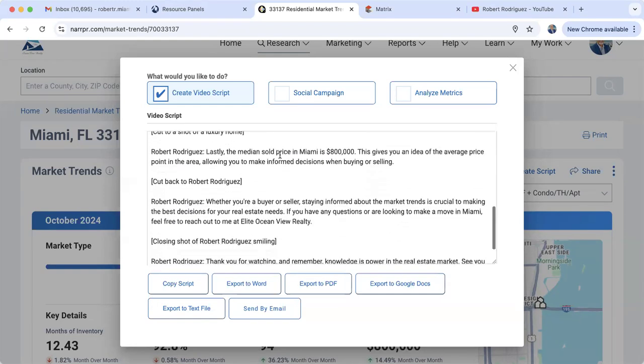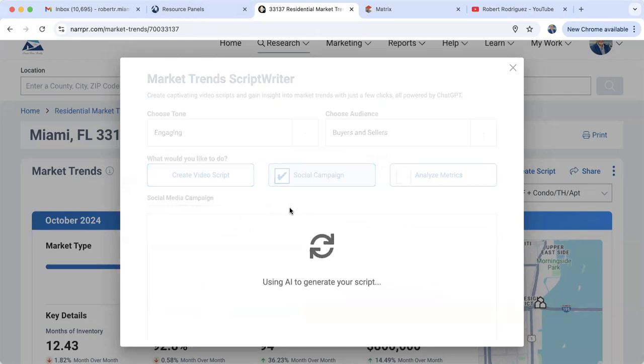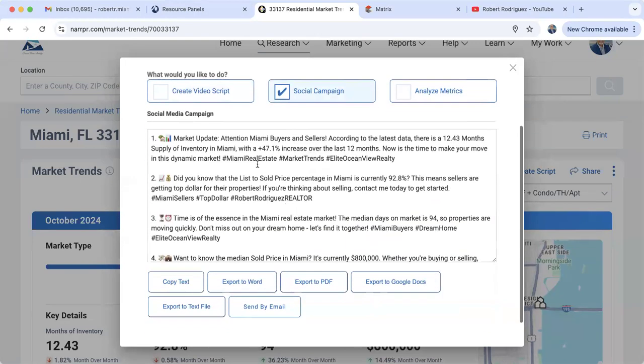Guys, this script, you follow it and you're able to create really nice content for your own marketing. You have video scripts, you have social media campaigning. So if you're going to post something on social media and you don't know what to say, you have all of this here. Market update, right? Attention Miami buyers and sellers. According to the latest data, there's 12.43 months supply of inventory in, it says Miami, but really in zip code 33137.